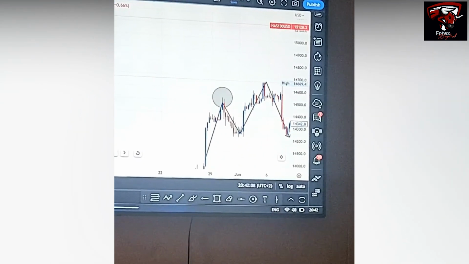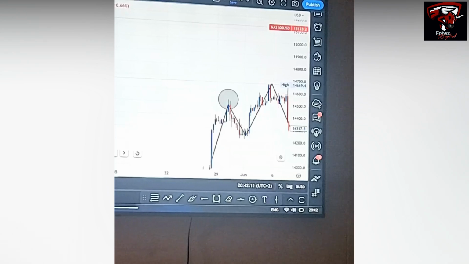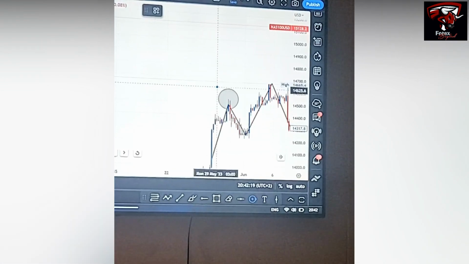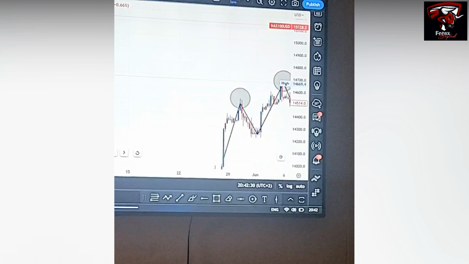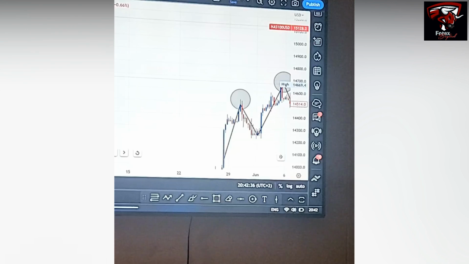But if we look over here, you can see that they generated this liquidity and then price comes up and then liquidates that liquidity, right? And then remember now that this is where we are within price, right? So obviously, if price made a high, they need to come take out the low. They need to come take out this liquidity, right? So we obviously know now they're going to create a new low.